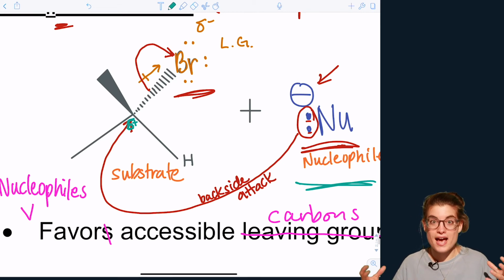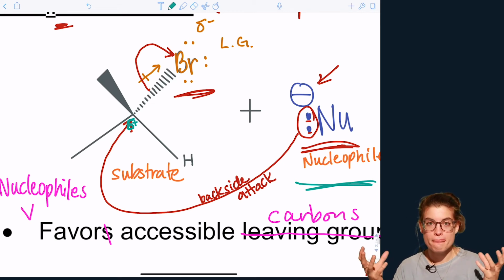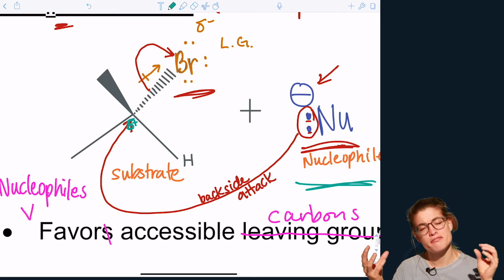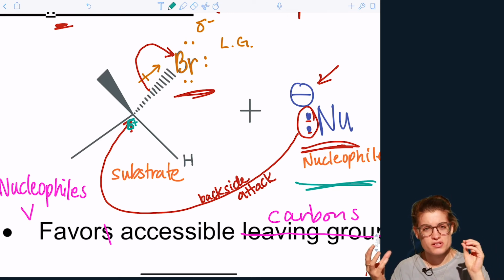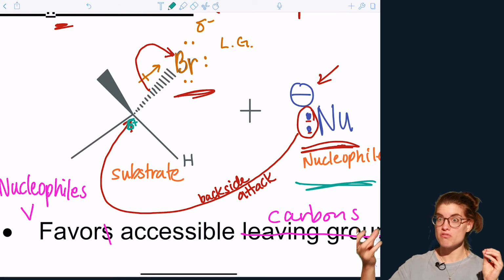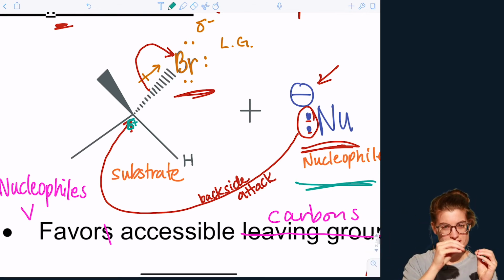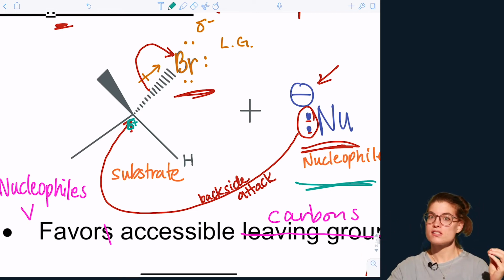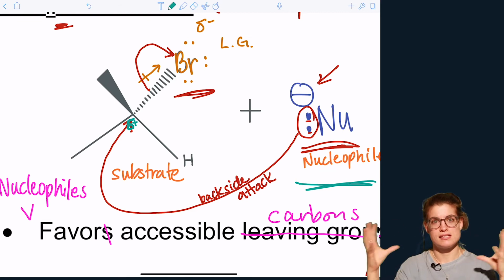So if you want this reaction to actually occur, and the positive charge is very weak, it's very small, then you need a very big negative to actually hone in on that small partial positive. Otherwise, they won't be able to see each other, okay?